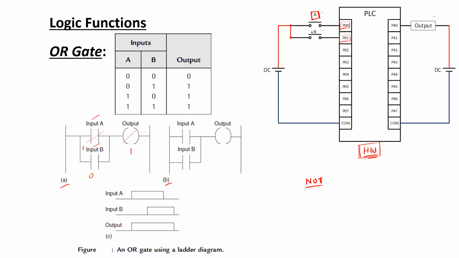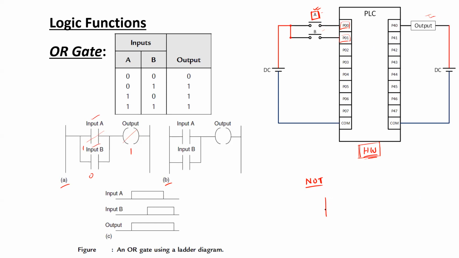We are not bothering about B. Let's say we are only going to consider input A. Using this switch, we want to implement a NOT gate. Then how can we establish the relation between this particular input and the output? Or, Sir, using closed switch.